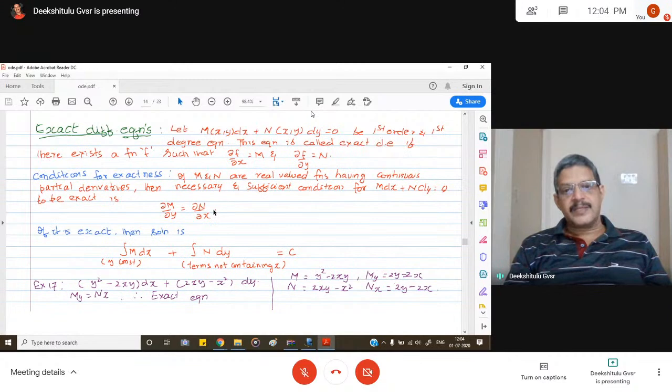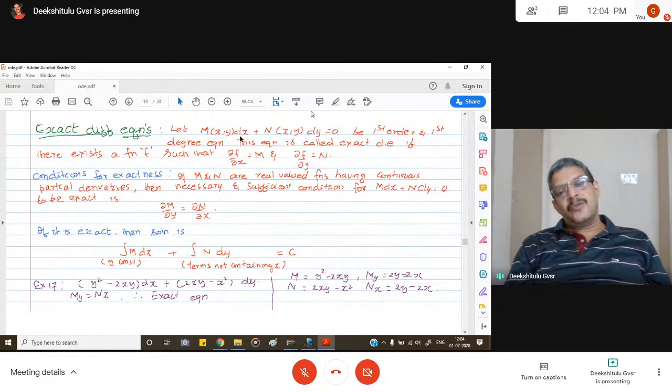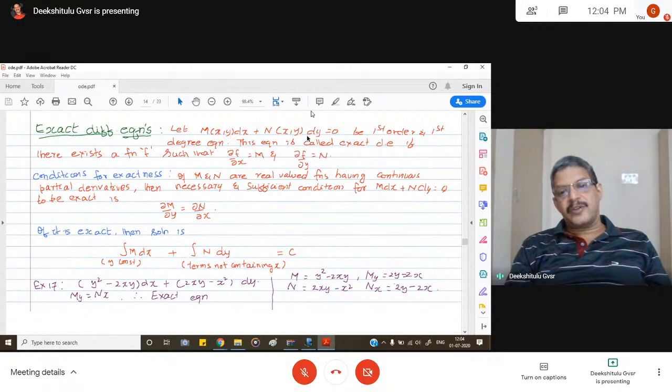No, that is not the understanding. The coefficient of dx should be differentiated with respect to y, and the coefficient of dy should be differentiated with respect to x.